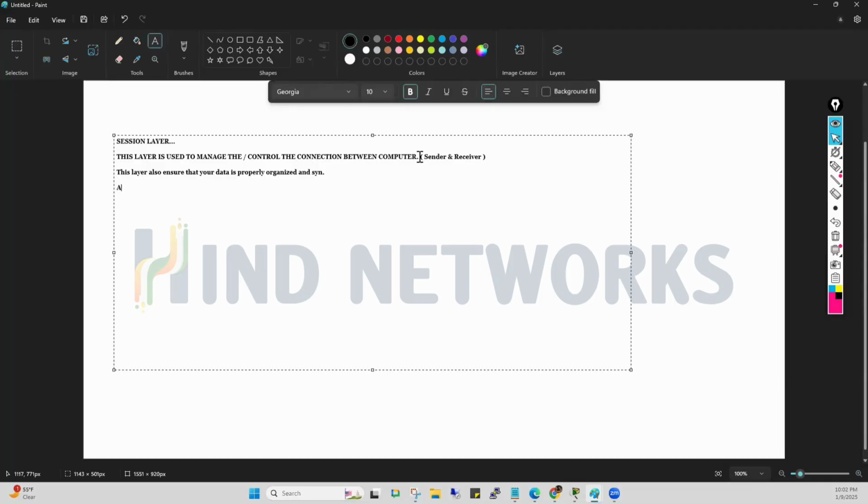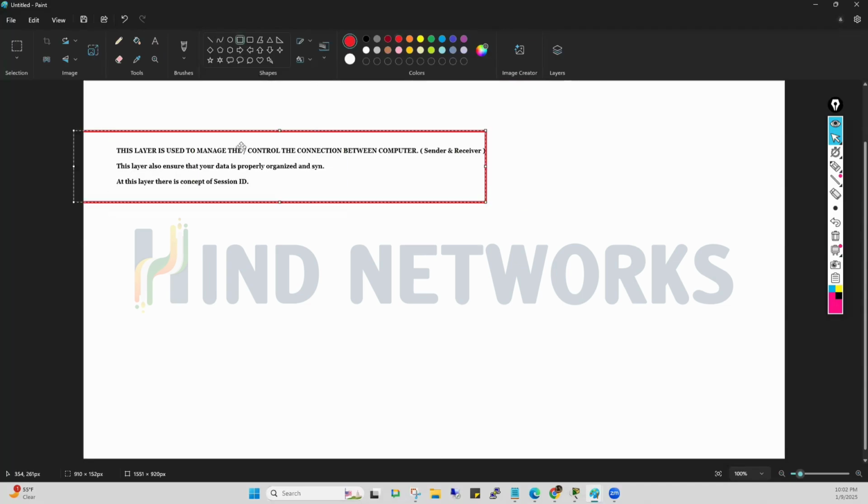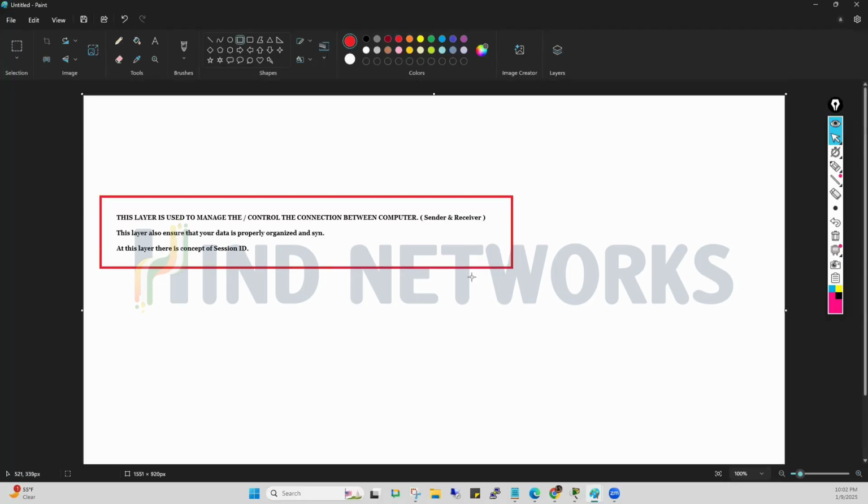One more thing, at this layer there is a concept of session ID. That's all. This is the thing you need to understand about the session layer. Is this clear, guys? Everyone, tell me. Anyone here who does not understand? Let me know.